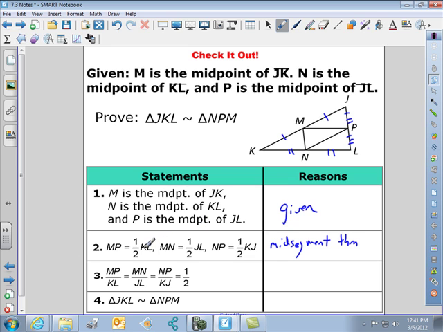So if I take and divide each of those, I can divide here by KL, I can divide here by JL, and divide here by KJ. That gives me all of those ratios that are in step 3. This was division. And since all 3 of those are equal to the same ratio, then that is the side-side-side similarity theorem.